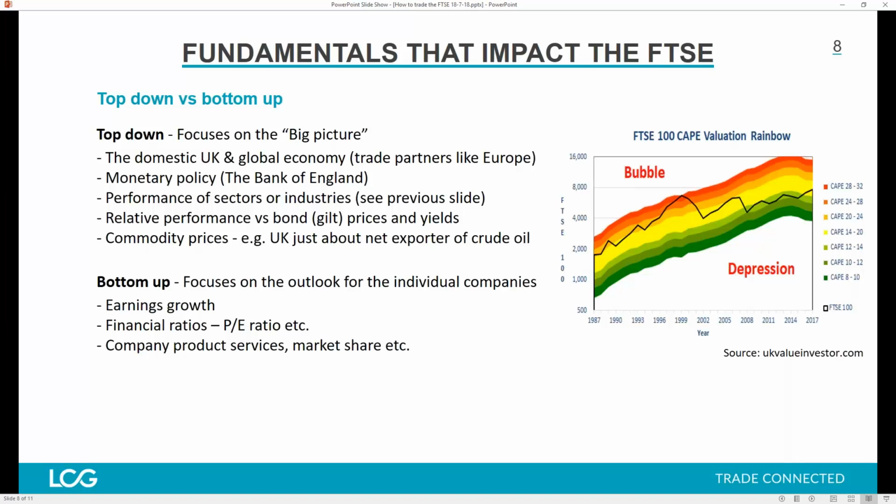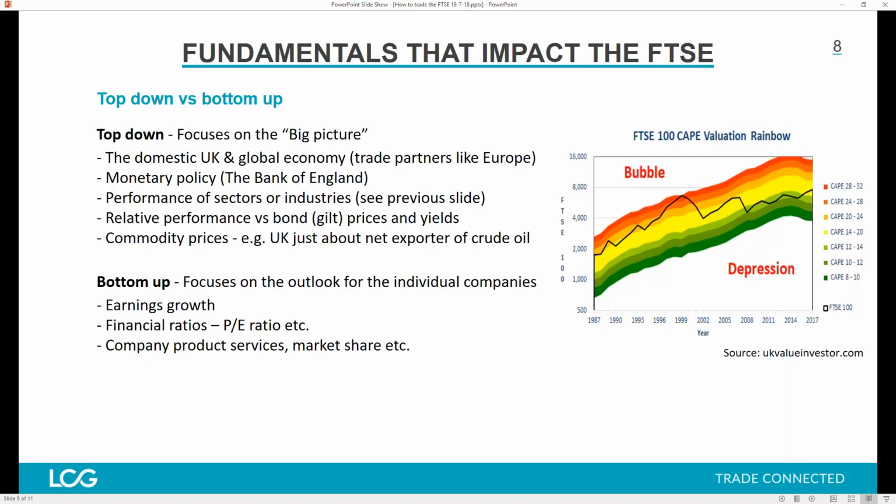The performance of the different sectors and industries, as I mentioned before, massive rally in oil price, maybe, right before the financial crisis, obviously banks are doing very well. That helps the index. Is there a commodity crash going on? That would be a negative in terms of the basic resource sector.